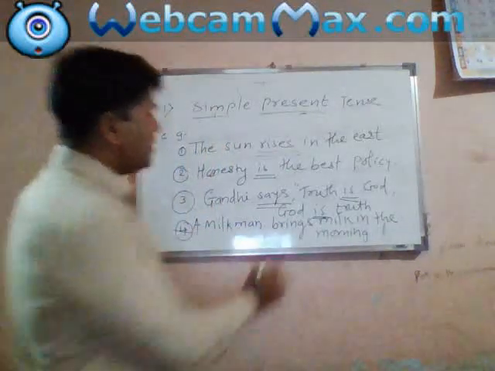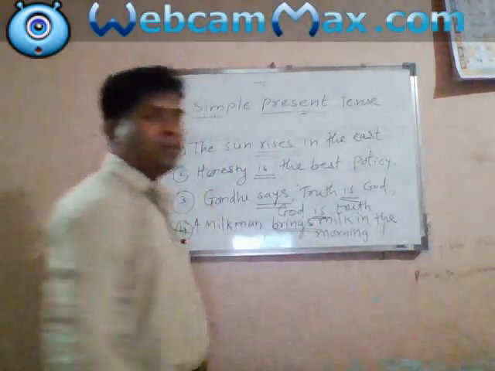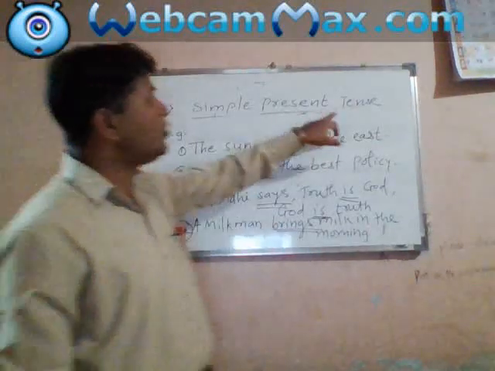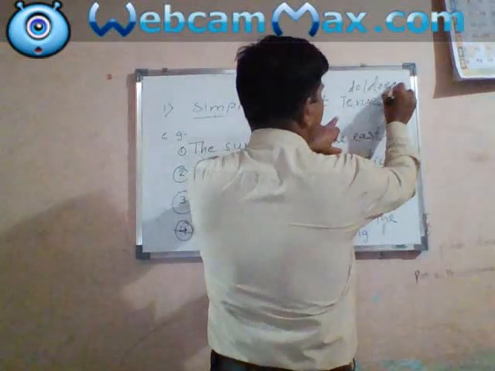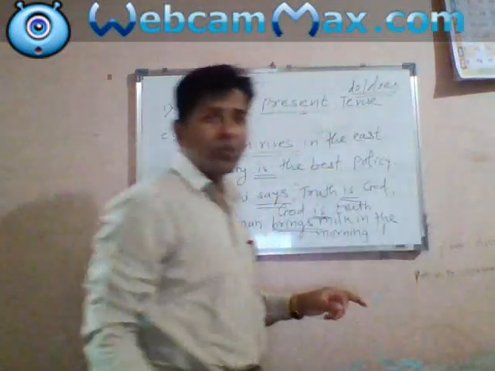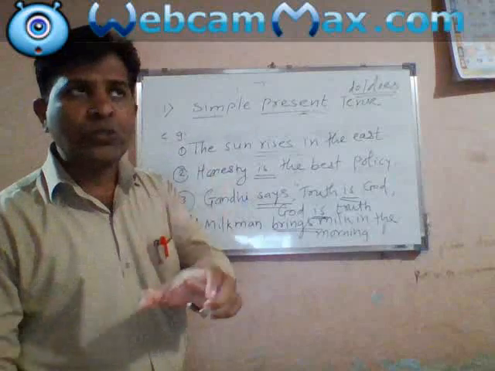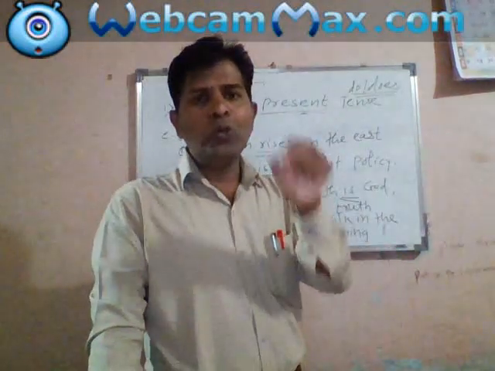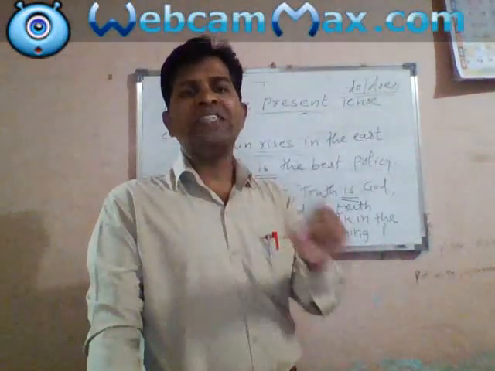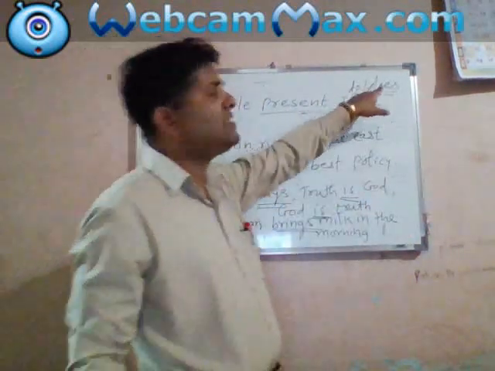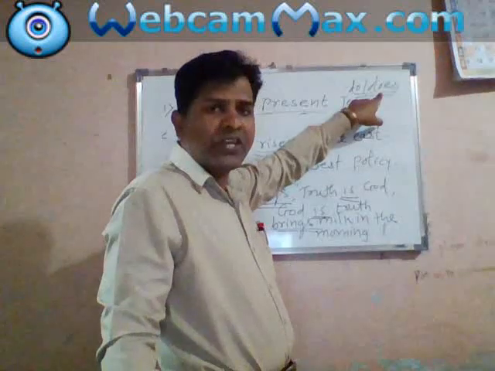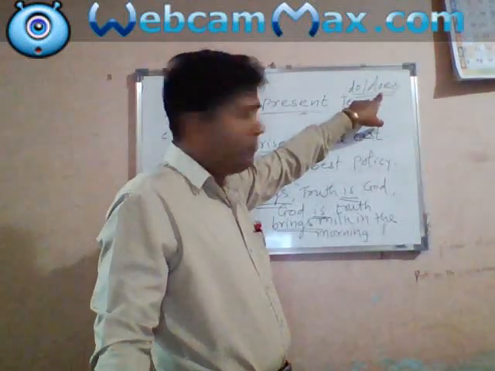A milkman brings, simple present. It means for indicative moods we use do and does. Okay, we know the chart: I do, we do, you do, he, she, it does, and they do. So do and does, these indicative moods are used in simple present.